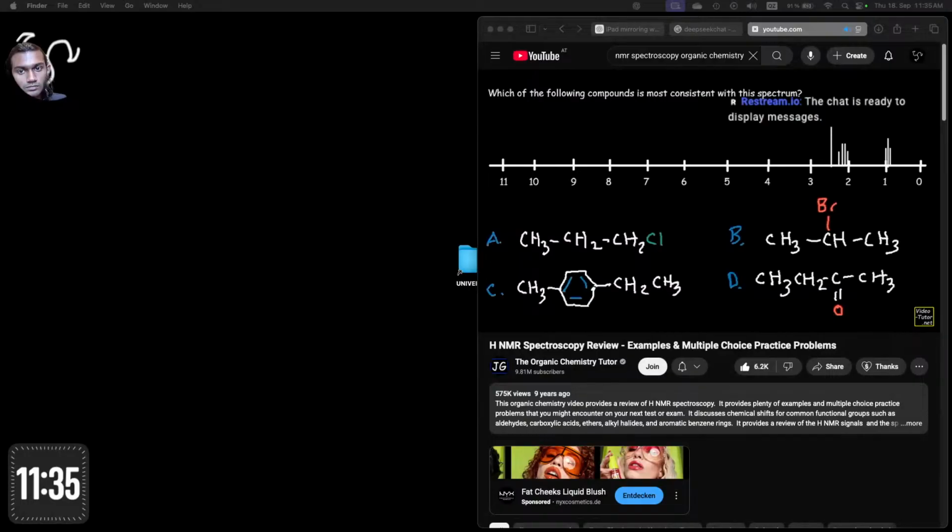So let's try this particular multiple choice problem. Which of the following compounds is most consistent with this spectrum?